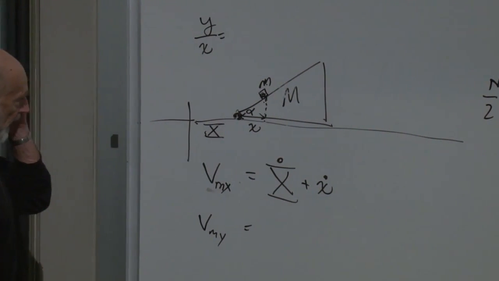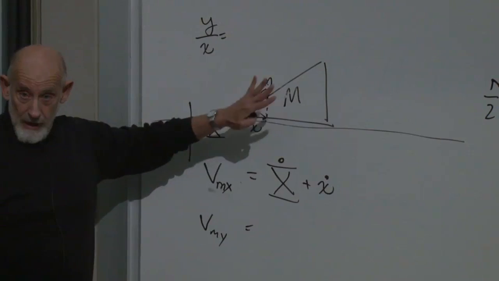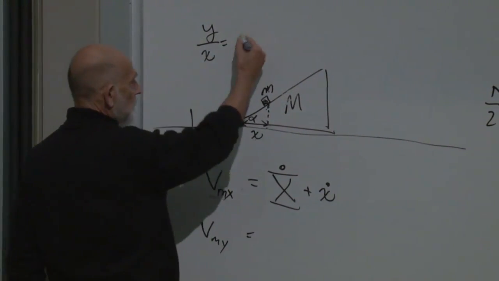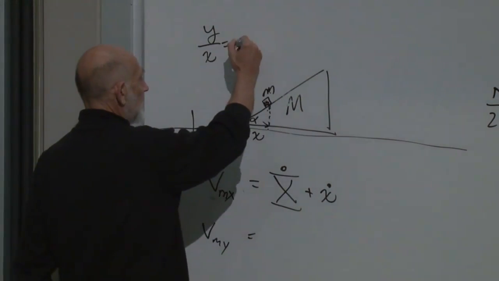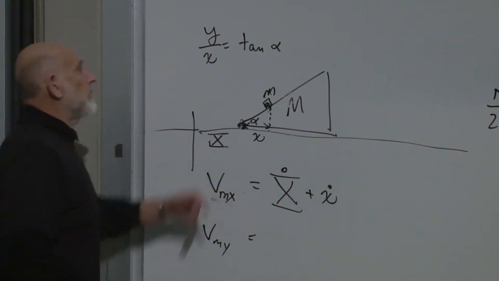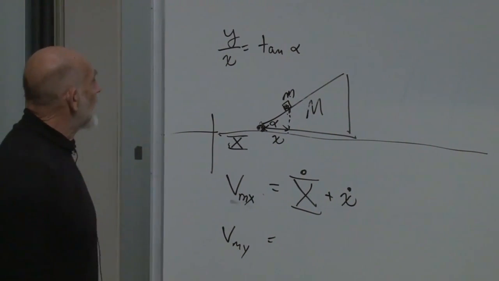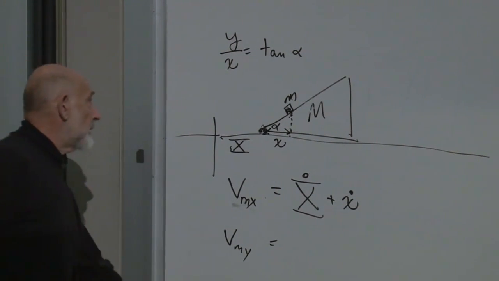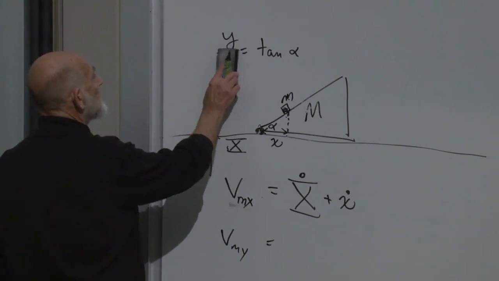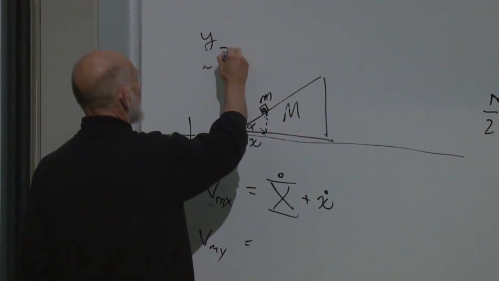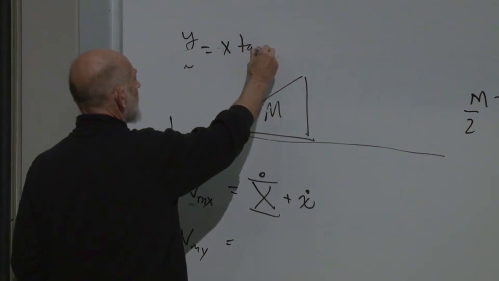Okay, so that angle is called alpha, and it's a number. It's not something that's free to change. And so y over x is equal to tangent of alpha. For example, for 45 degrees, then y and x would be equal to each other. All right, so we can write then that y is constrained to move with x, and it's equal to x tangent of alpha.